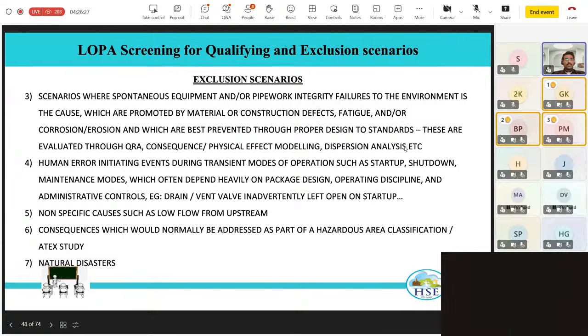Next is human error initiating events during the transient mode of operation, as you have different modes of operation. Like during startup, there would be a different set of SOPs or a checklist required, and that is why these human errors during transient modes of operation are not considered in LOPA. Like you have transient modes of startup, shutdown, or maintenance mode, even turndown mode, which often depend heavily on the package design and the operational discipline and administrative controls.